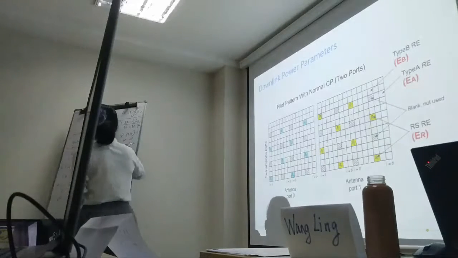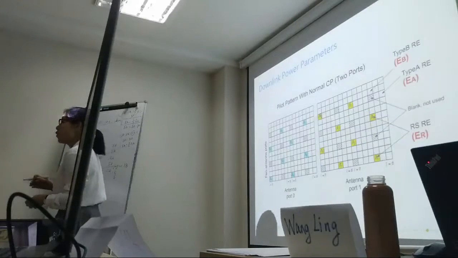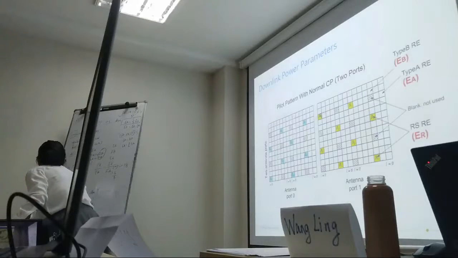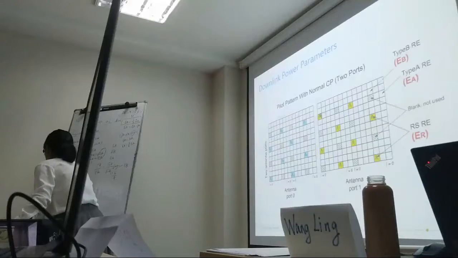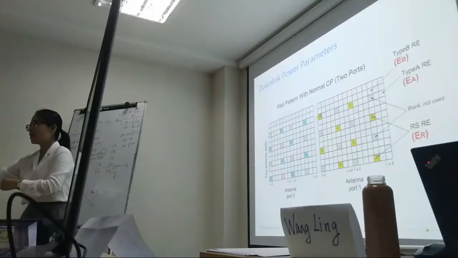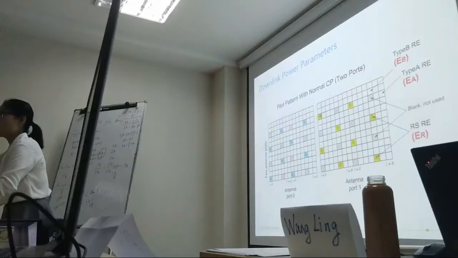But if you set 0, 0, that means the ER is the same as the EA, right? So if I can get access, that means I can get service.